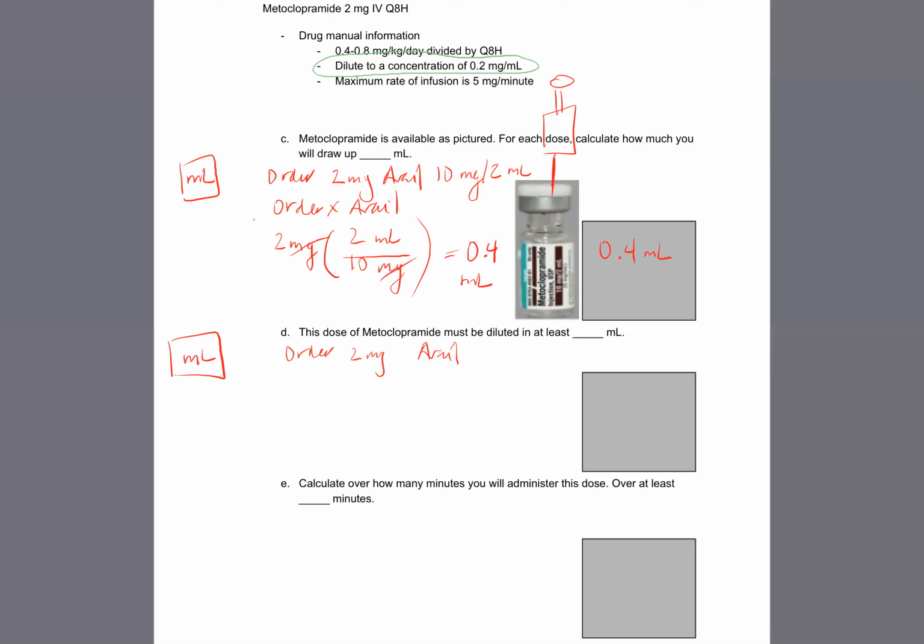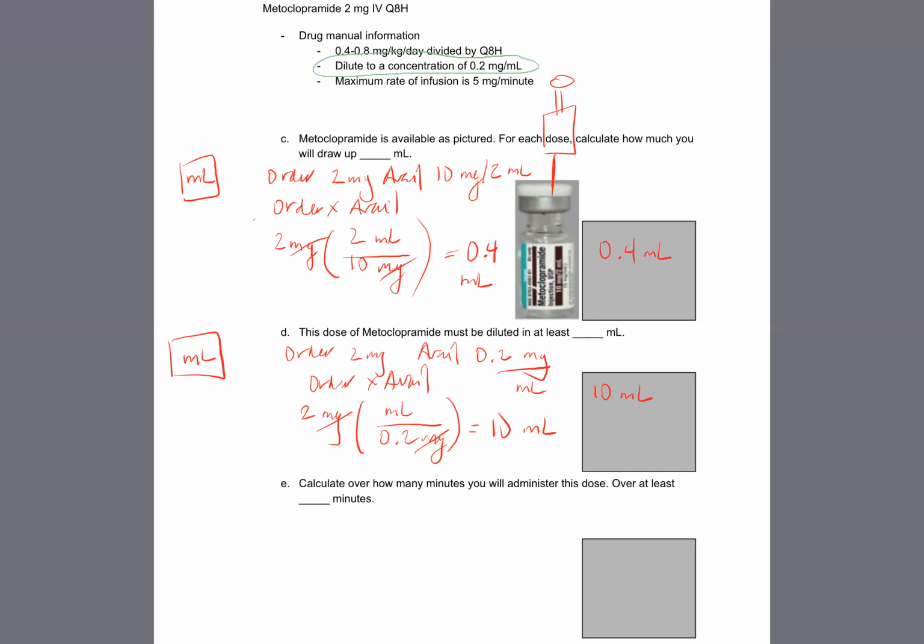What's available is 0.2 milligrams per mL. Order times availability, 2 milligrams, 0.2 milligrams in the denominator, mLs in the numerator, milligram units cancel. And 2 divided by 0.2 is 10. So you want to dilute it in 10 mLs of fluid.